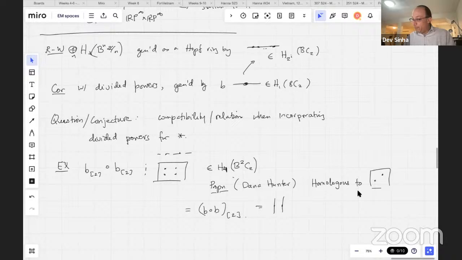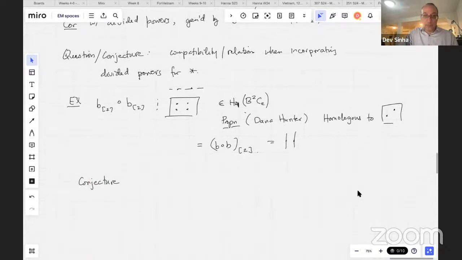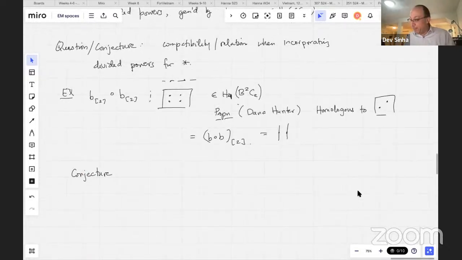So the obvious conjecture is that if you have compatible divided powers, and if you have divided powers of different types, part of the axioms for divided powers relates a sixth divided power to a second divided power on a third divided power, for example, with some coefficients.